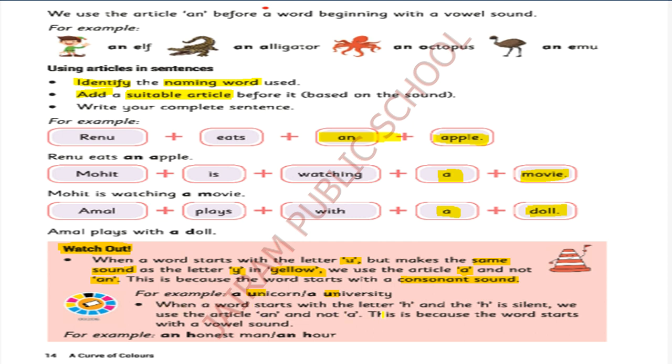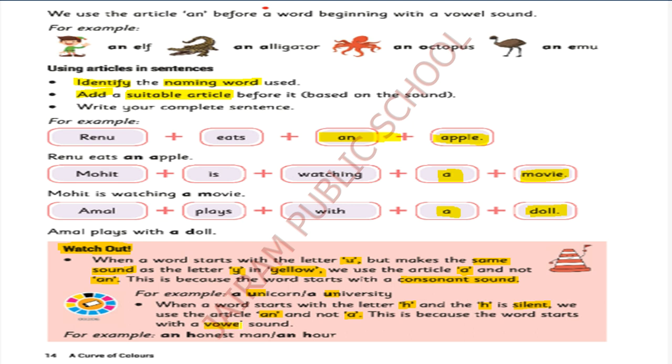When a word starts with the letter H and the H is silent, we use the article an and not a. We will not use the article a, we will use the article an. Even though it is a consonant, it gives the sound of a vowel, because the word starts with a vowel sound.